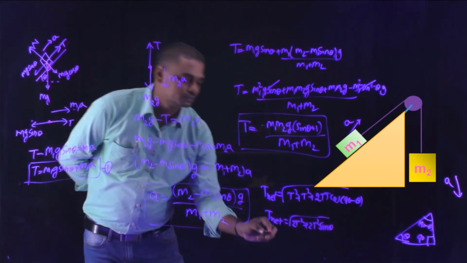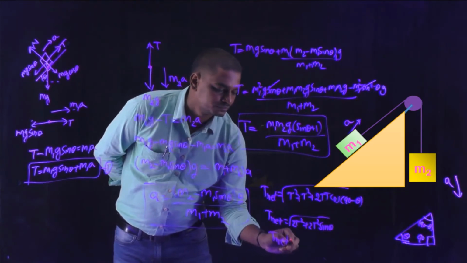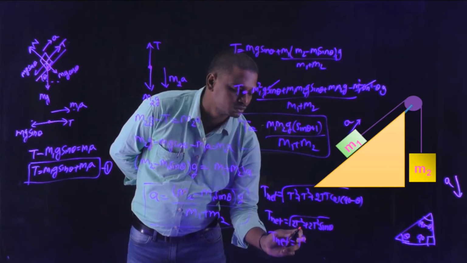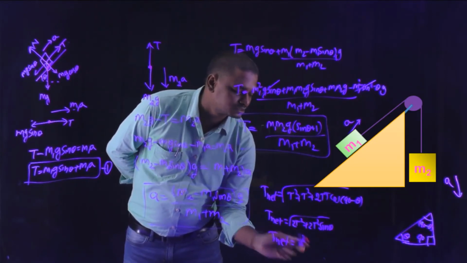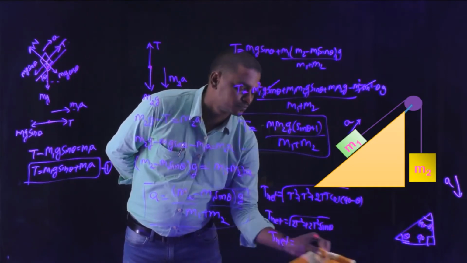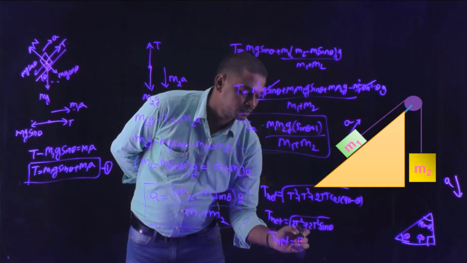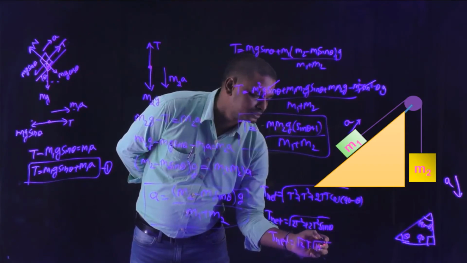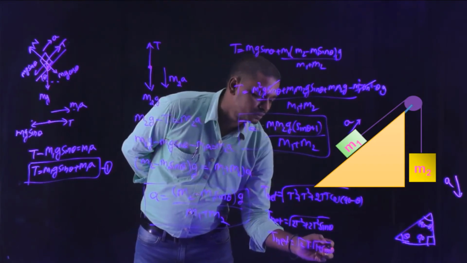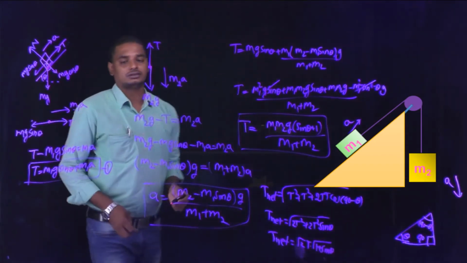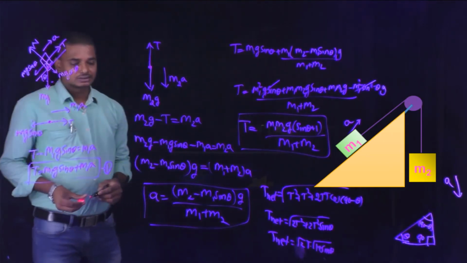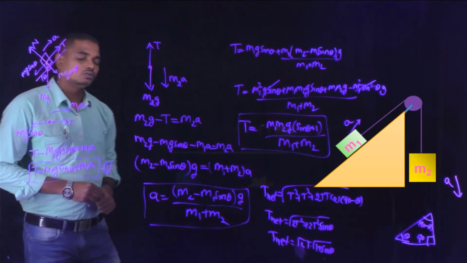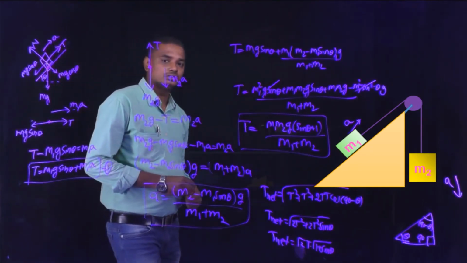By solving this, T net is equal to, taking T square common, root 2 T into root over 1 plus sin theta. Root over 1 plus sin theta times root 2 T is the required thrust on the pulley. This is how we solve the pulley problems.